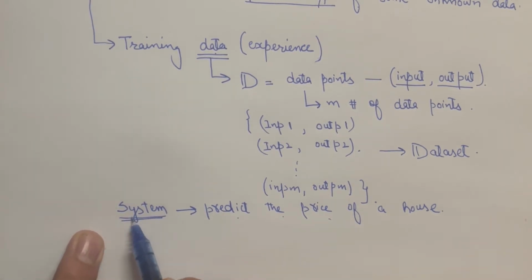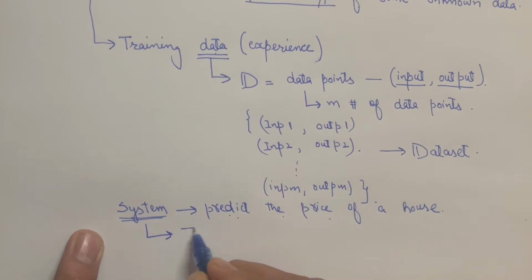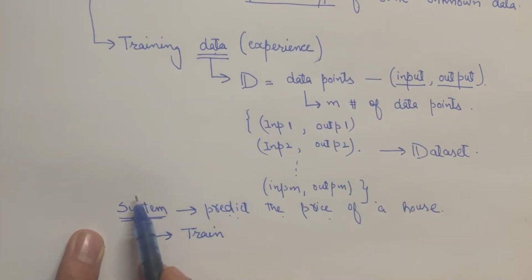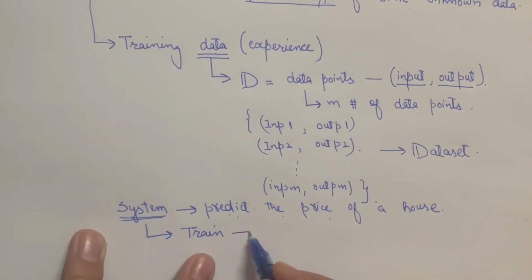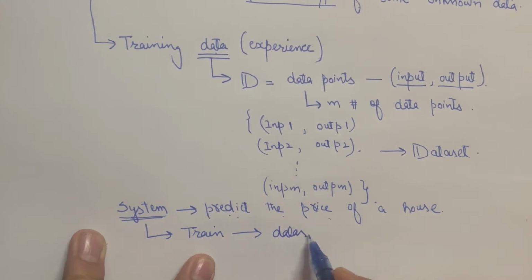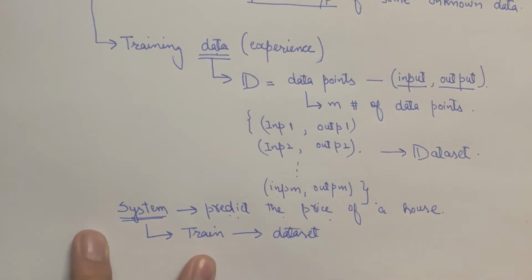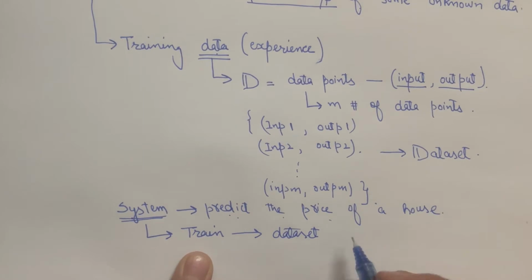Before using this particular system to predict the price of a house, we have to train this system. And if we are using supervised learning to train this particular system, then for training we need a data set, and that particular data set should contain various data points of this type.